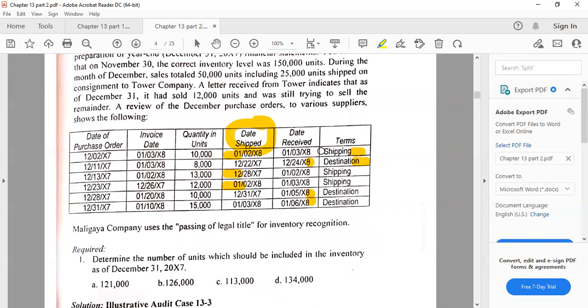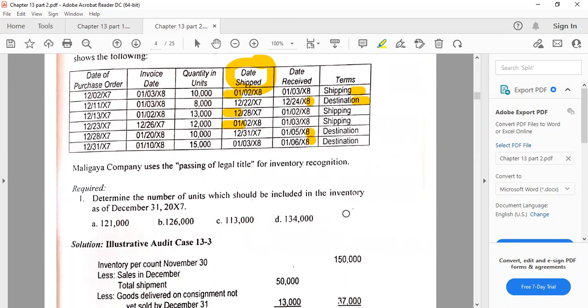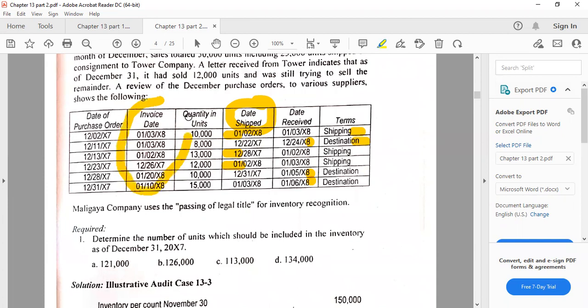And then based on these dates, you can now determine who owns such inventories. Okay. So in essence, kanidang invoice date doesn't really matter. The controlling factor is ato ang shipping terms, and then kung shipping point, date shipped, and then if destination, date received, right?